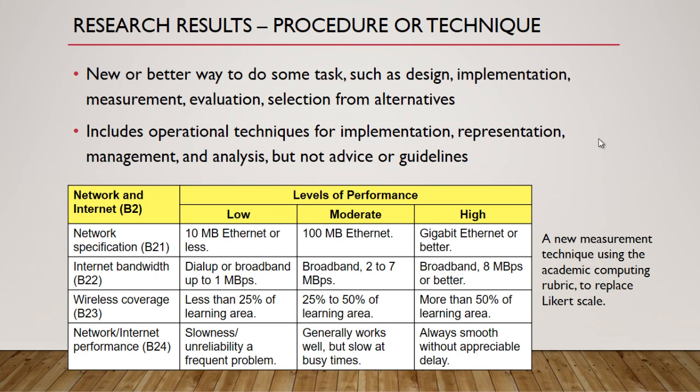But in my research back then, I found that technique had lots of weaknesses. So the research proposed a new technique to get feedback on the levels of performance of that particular industry in a specific element such as network, internet bandwidth, and so on. We came up with a new measurement technique called the academic computing rubric to replace the Likert scale.